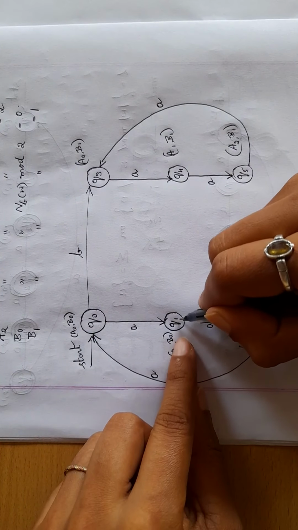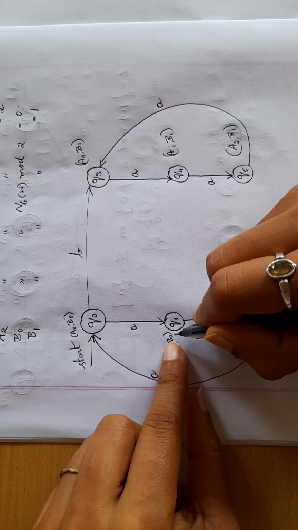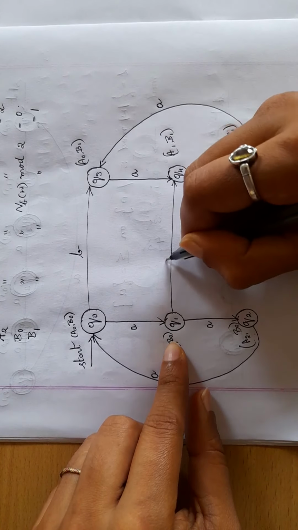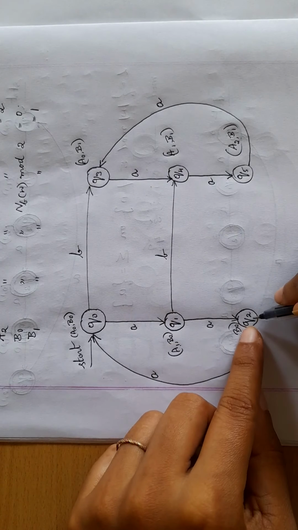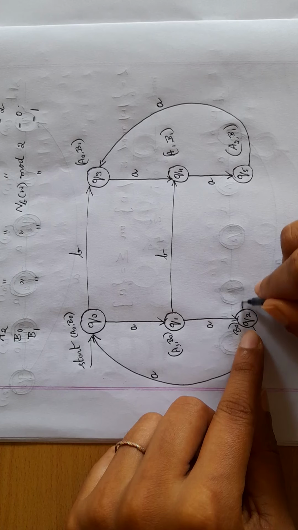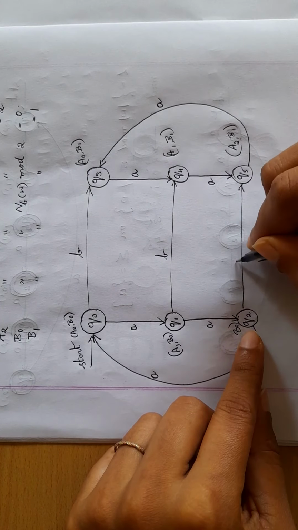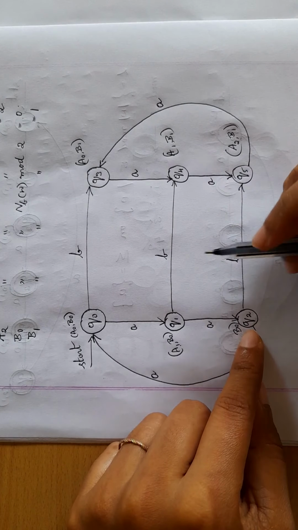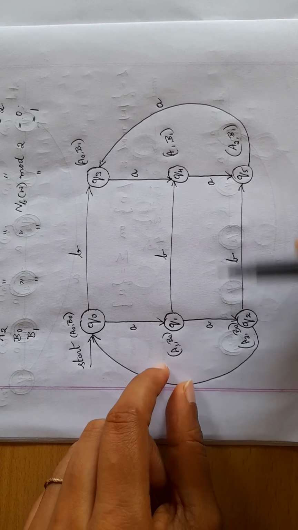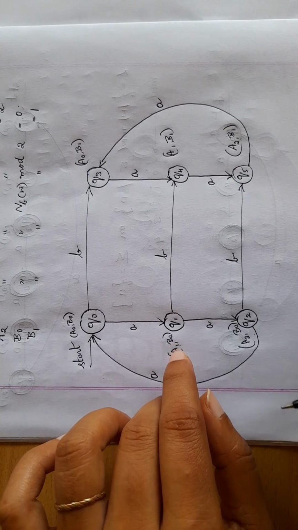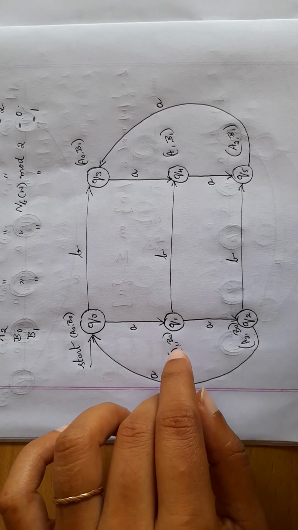Similarly, from Q1, that is B0, if I read B, it will go to B1. Similarly, from Q2, if I read a B, from B0, it goes to B1. With respect to mod 2, I have two combinations, 0 and 1. Once I am done with 1, it comes back to 0, 1, 0, 1, it continues.